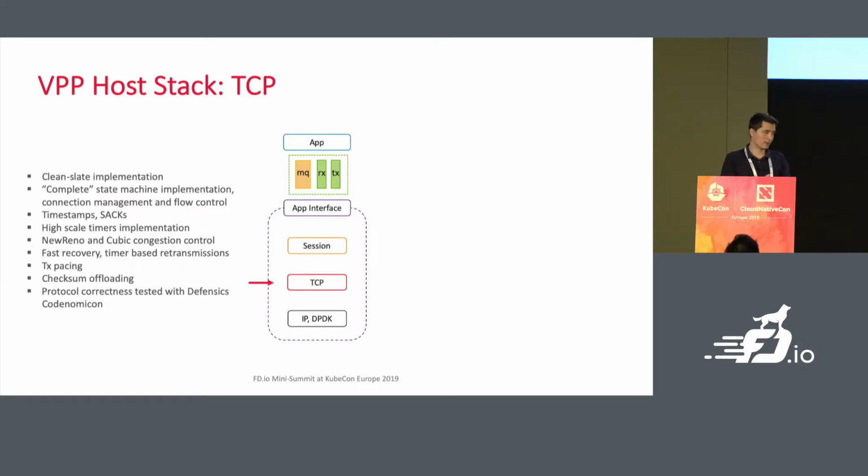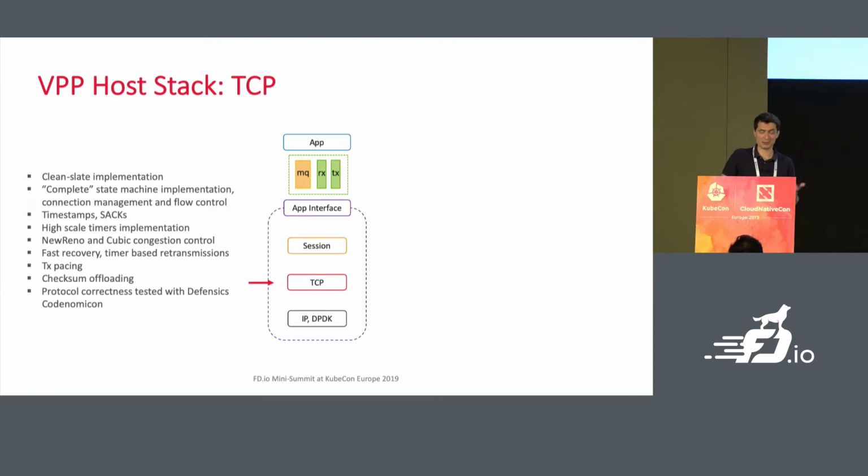Next up is the third major component of the stack, which would be the transport protocol. Now, in the interest of time here, I'll be focusing only on TCP because this was the first one that we did and arguably the one that's most optimized. Still, it's worth taking a break and saying, at this time, we support or we actively maintain 4 transport protocols.